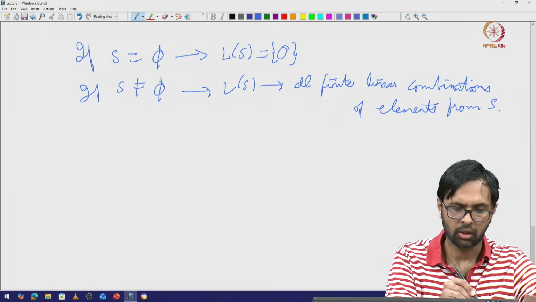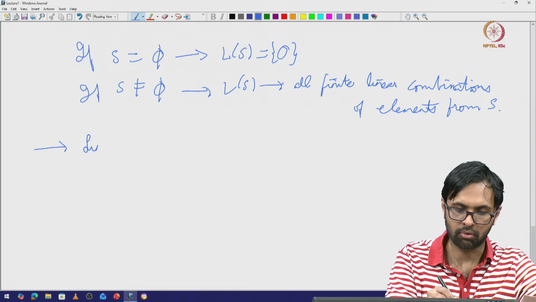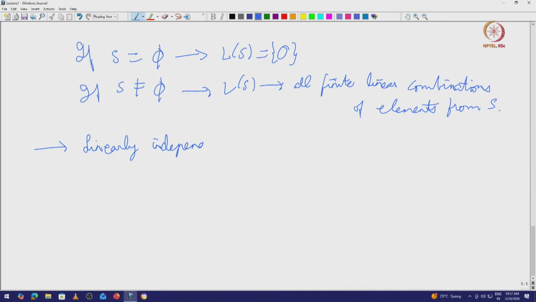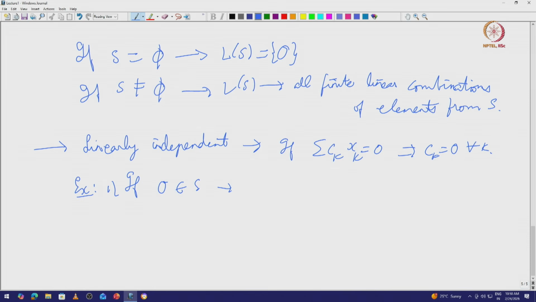One more definition, related to the previous definition. Linearly independent basically means that if the sum of ck xk is 0, then all the ck's are 0. So for example, if 0 is in S, the set is already linearly dependent.